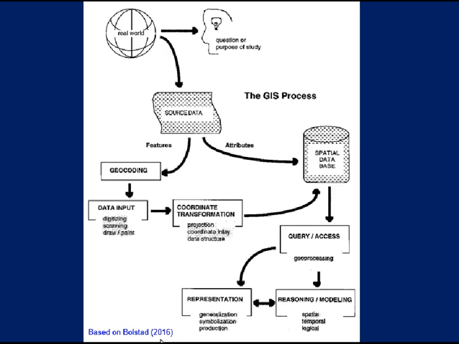And then we are able to do queries and create models and other representations of the particular problem that we're studying that has a geographic component as well as non-spatial attributes that are associated with the geographic component. Both the non-spatial attributes and the geographic features are combined so that they can be accessed together.